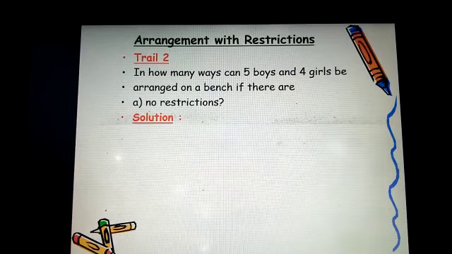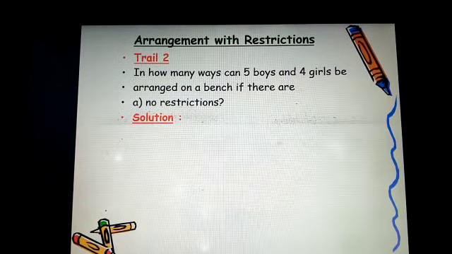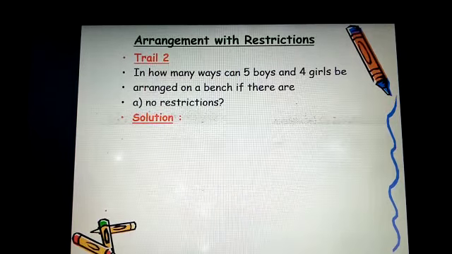Now, aside from the 3 types, you can have miscellaneous questions which involve restrictions. So I want you to give this a trial. For A, no restriction. No restriction means arranging 5 and 4 among themselves, 5 and 4 equal to 9.